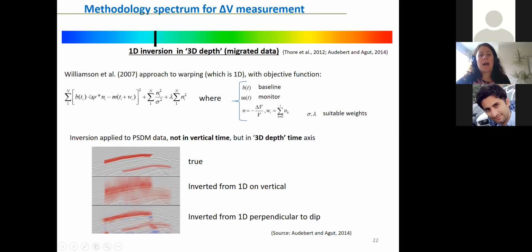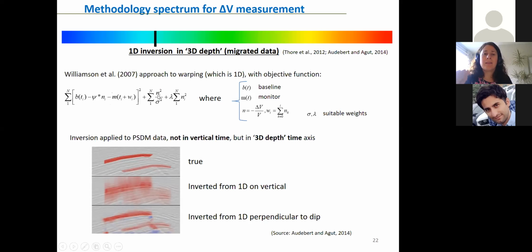So this is perhaps the only long equation, and you don't have to worry about it. This is a very well-known 1D inversion for velocity. So this is your baseline trace, and this is your monitor trace. And the interesting aspect in this equation, this is your source wavelet, and here you have the definition for N and the definition for W and some additional weights.